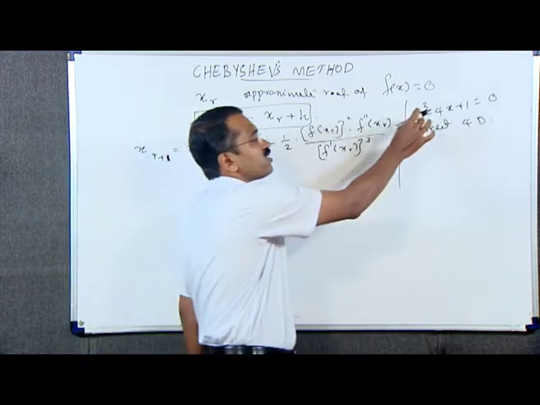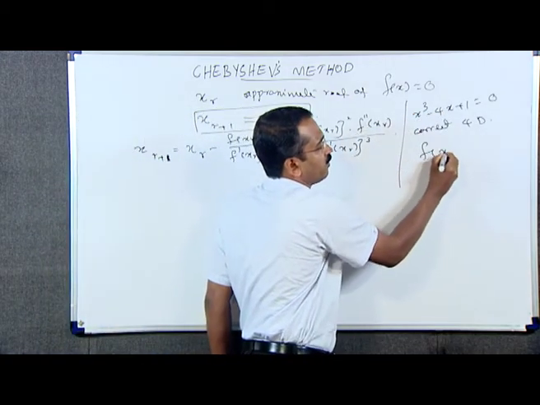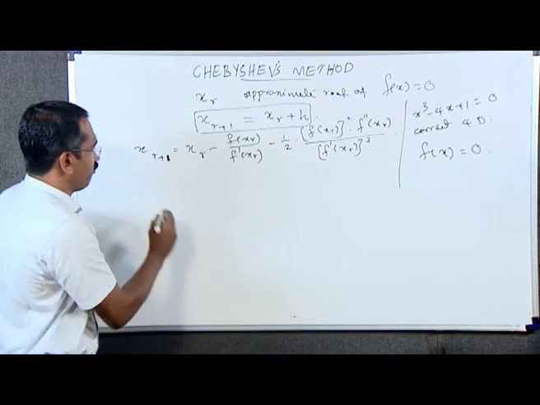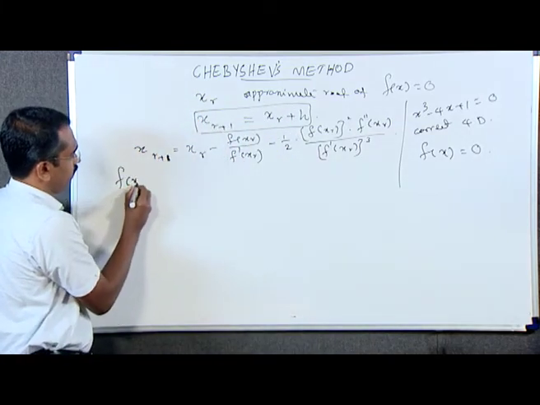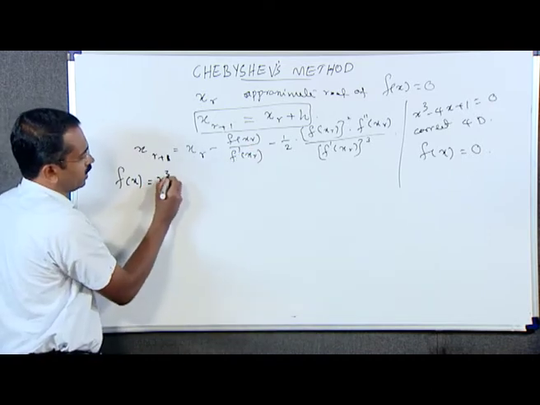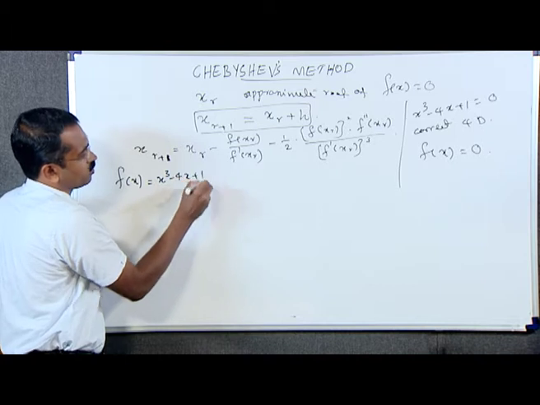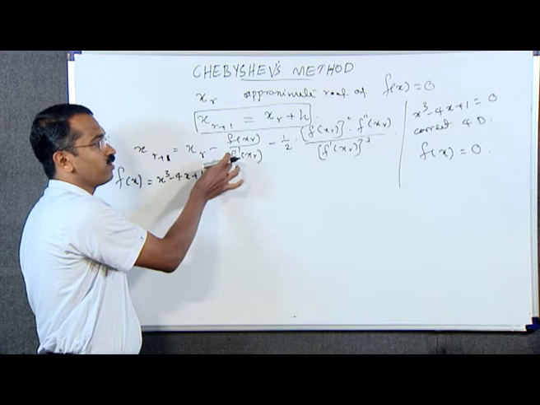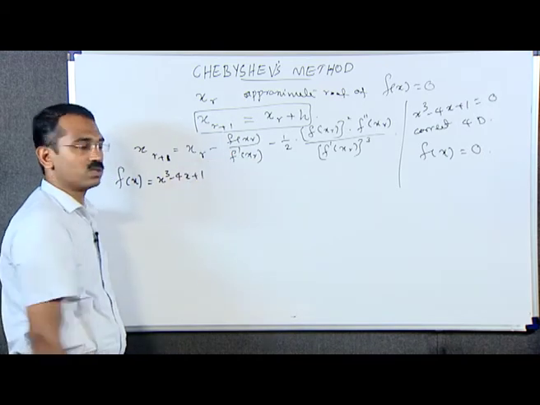This equation is of the form f(x) = 0, where f(x) = x^3 - 4x + 1, and this is our iterative formula used in Chebyshev's method.